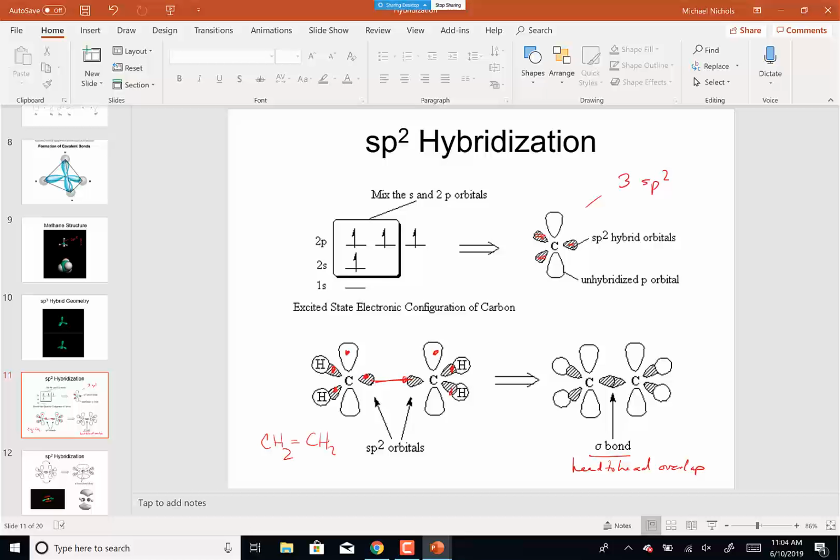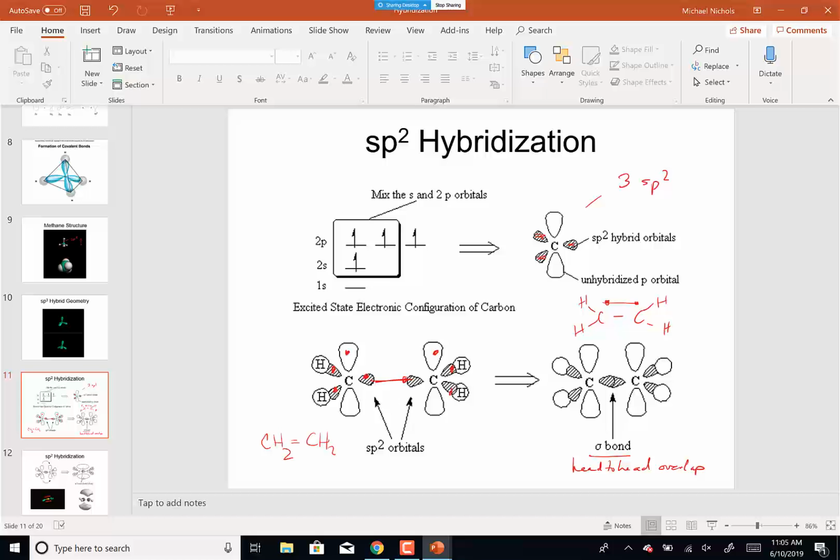Now, at this point, if I was drawing a Lewis structure, it would look like this. I have two unpaired electrons, one on each carbon. So in a Lewis dot structure, I would just go, oh, I'm pairing them up. Let's go a little bit deeper.